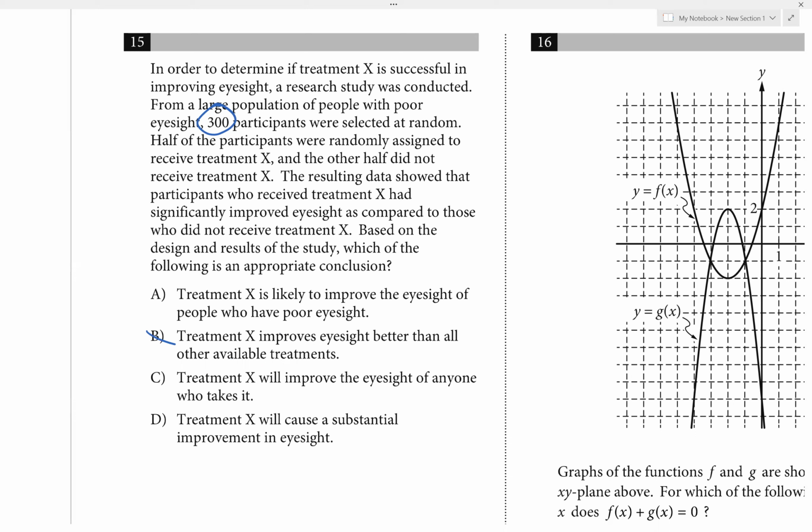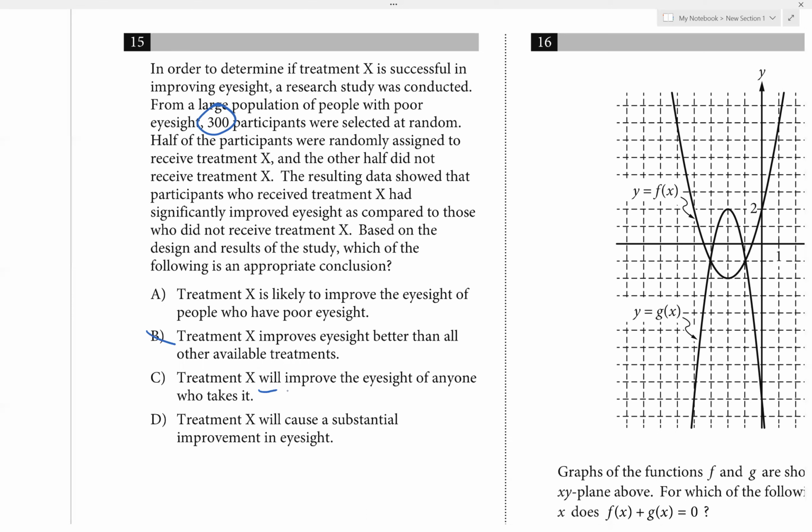So C says treatment X will improve the eyesight of anyone who takes it. It says it will work for anyone who takes it, so it's 100% certain that it will work.